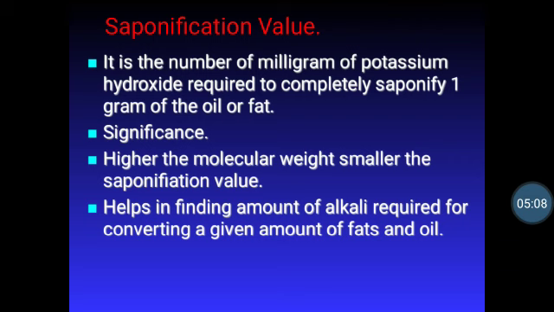It gives an idea about the average molecular weight of fats or oils used in saponification. The higher the molecular weight, the smaller the saponification value. It helps in finding the amount of alkali required for converting a given amount of fats and oils.